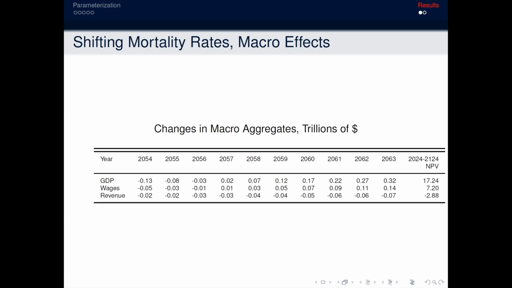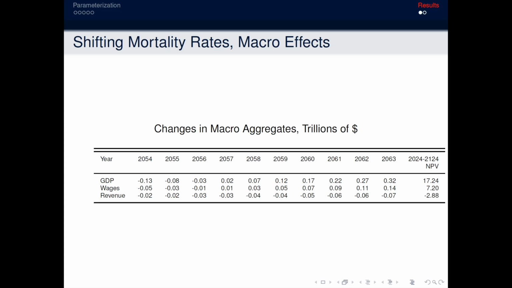And over the next 100 years, from 2024 to 2124, that increases GDP by about 17 trillion, that small shift in mortality. What's going on there is we've got workers who are living longer, but also we've got changes in the economy as well. So we've got this decline in GDP initially, but then that rises as we go through the time path. And again, over the next 100 years, a gain of about 17 trillion in GDP in terms of net present value.